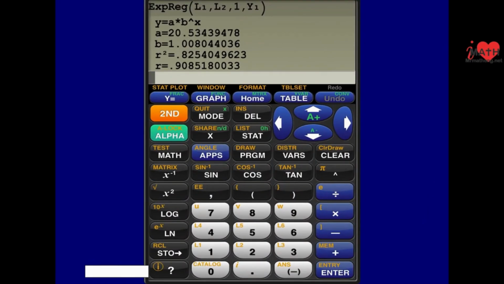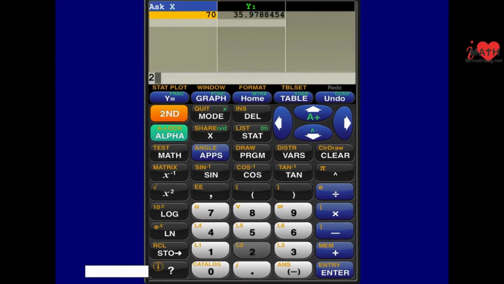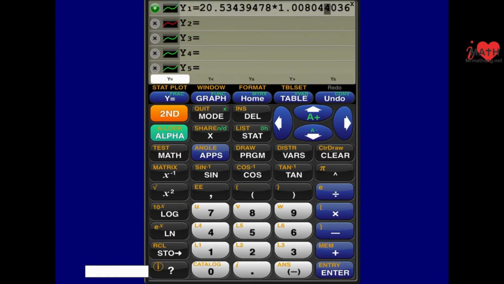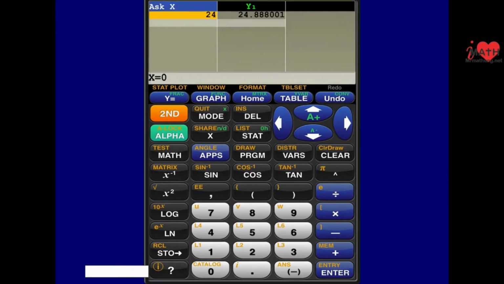Let's go to table, type in 24, and I will get, that's bad. Let's see. That is my linear regression. And I got 24.888.